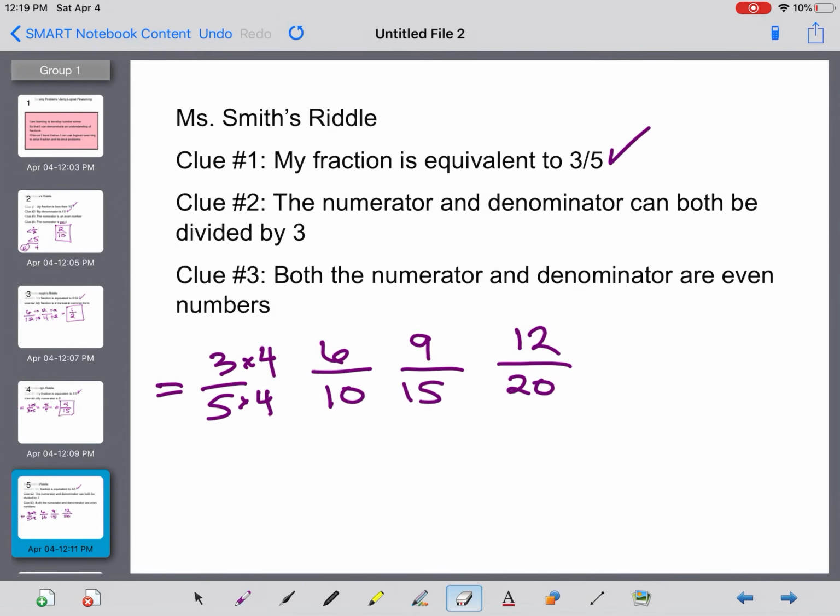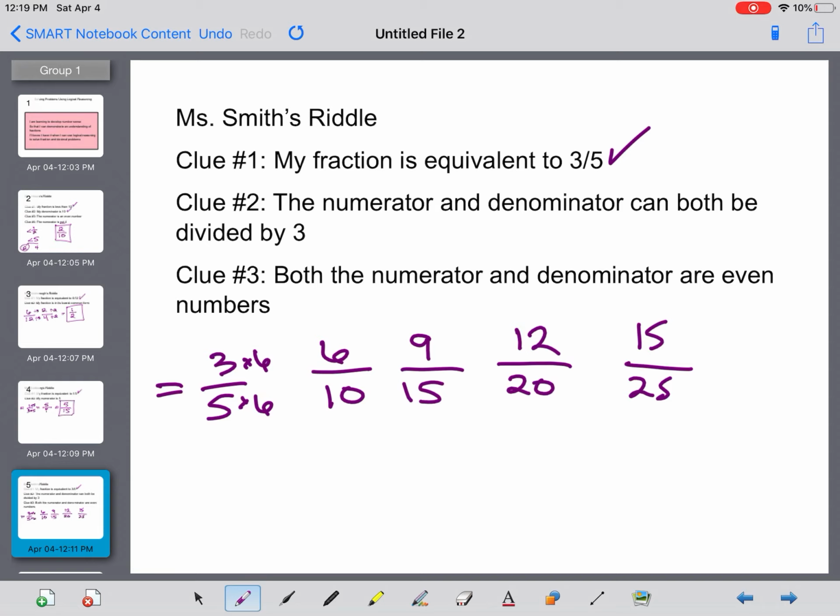So I've got to keep moving forward. Let's try multiplying them by 5. 3 times 5 is 15, and 5 times 5 is 25. Once again, I can divide the numerator by 3, but not the denominator. So we're going to try another time. Hopefully we're getting close.